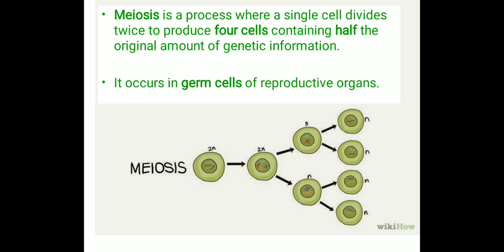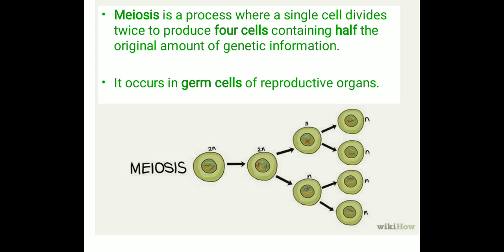Meiosis is a process where a single cell divides twice to produce 4 daughter cells containing half the original amount of genetic information. Meiosis occurs in germ cells of reproductive organs. For example, in males it occurs in the testes, and in females it occurs in the ovaries.